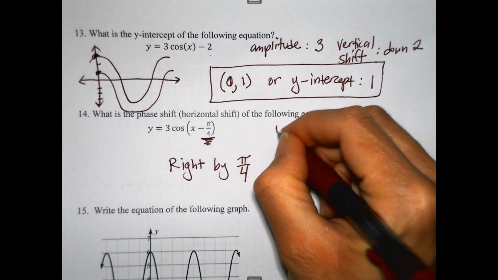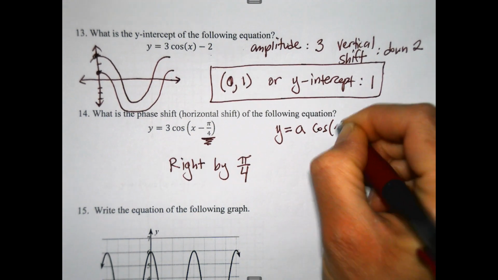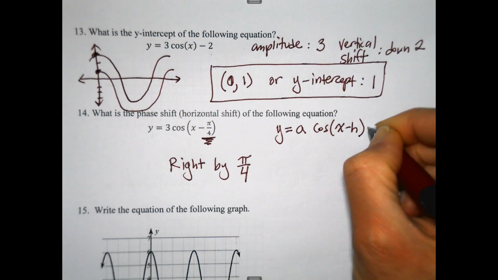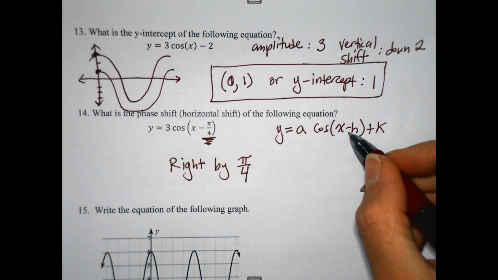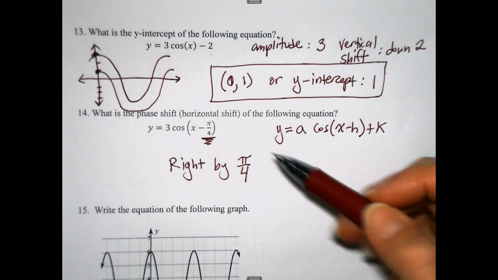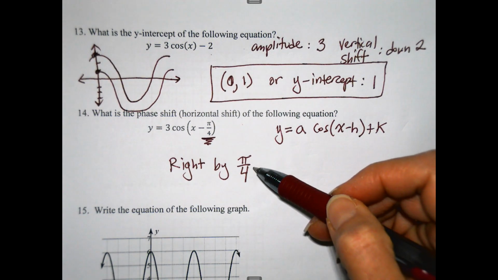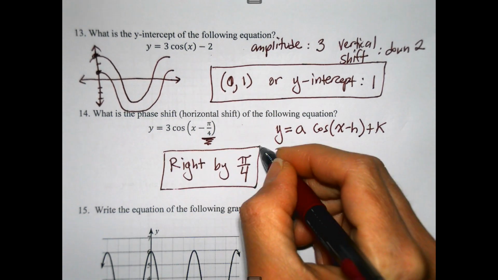Remember, in the equation for cosine, it's a times the cosine of x minus h, plus k. There is a negative inherent in our equation. Therefore, this π/4 is positive. That's what tells us that we're moving right by that unit of π/4.